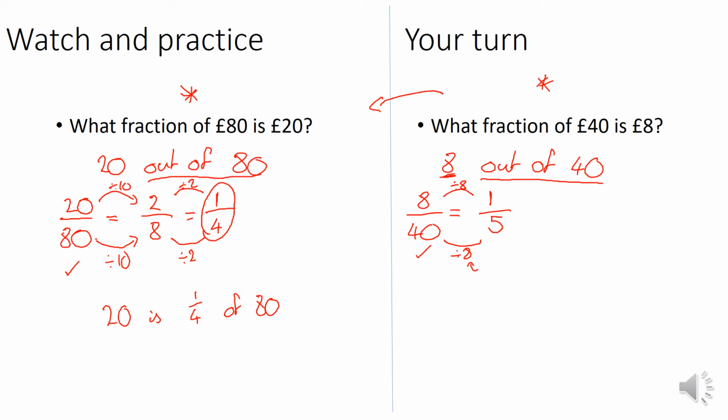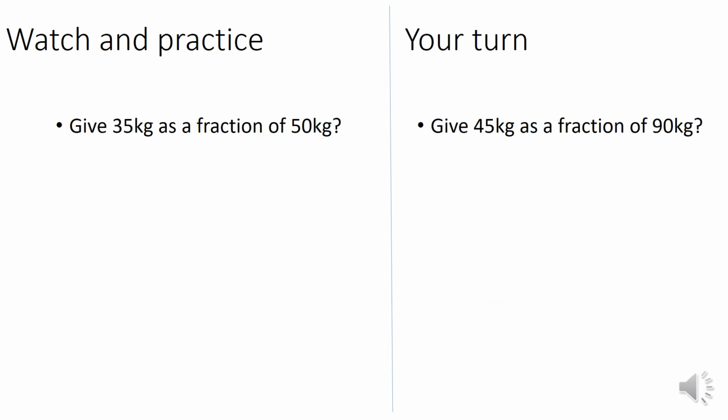So we get 1/5 as our answer. So 8 is 1/5 of 40. So well done if you managed to get that. If you didn't quite get that, go through the next example as well and practice that one before I do it and then make sure you can do it.